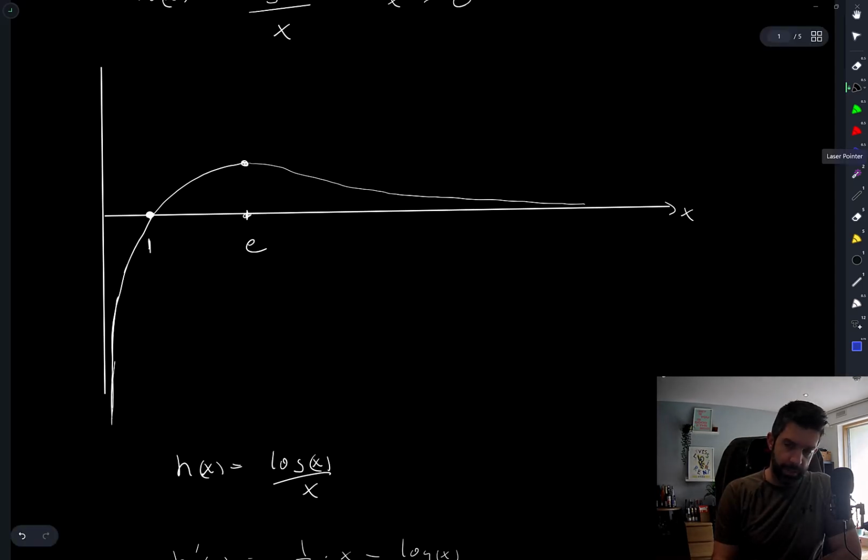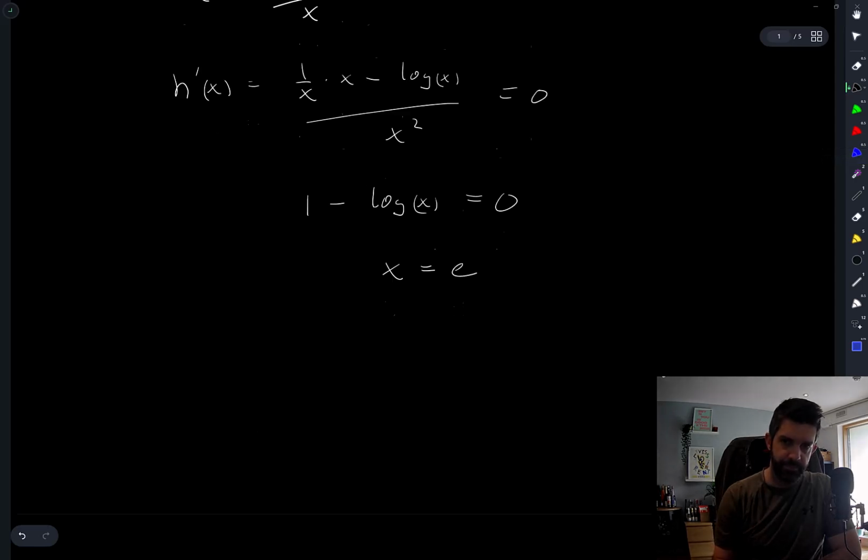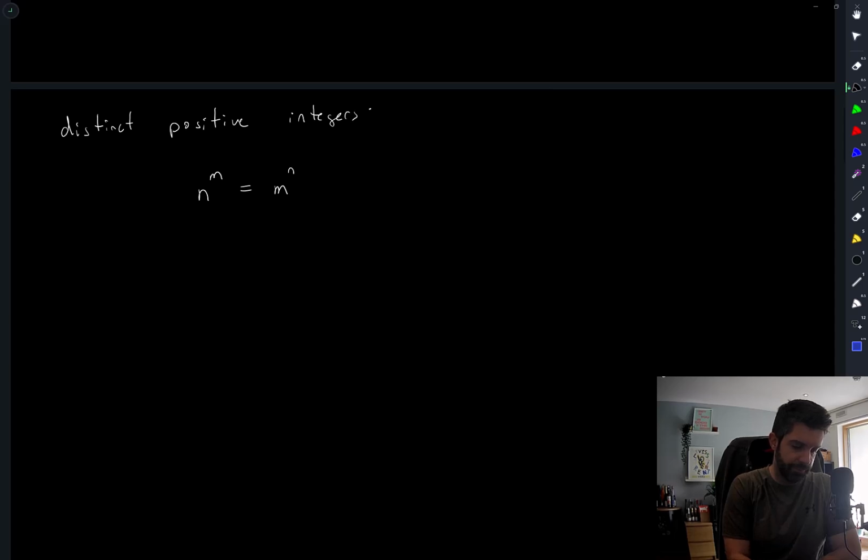So if I'm looking for solutions to n to the m is equal to m to the n, and I want distinct positive integers that satisfy this, well, if I take a log of both sides, this is m log n is equal to n log m.